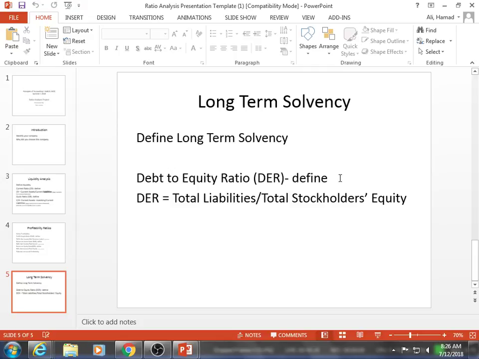Your total liabilities are long-term debt, cumulative. That's not long-term debt. So you have to add your current liabilities plus your long-term liability, and that will be your total liabilities.